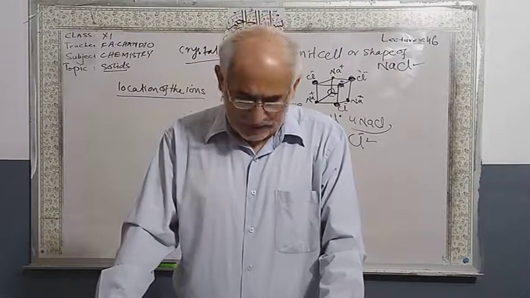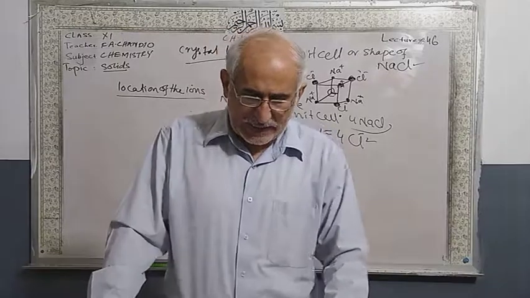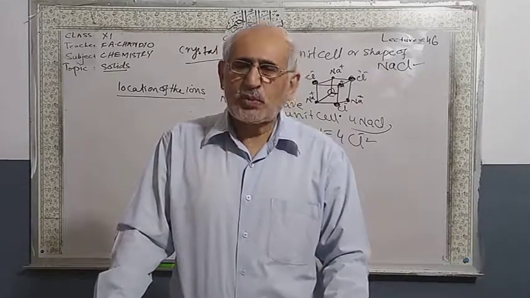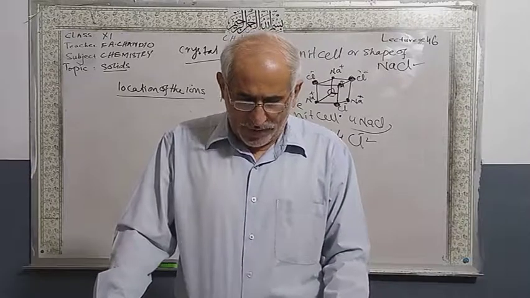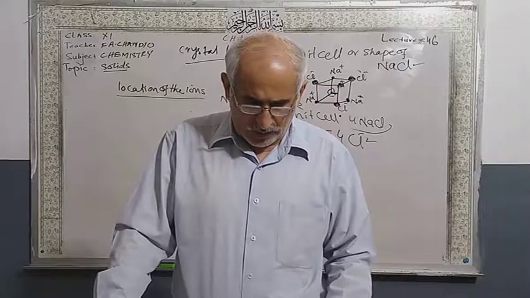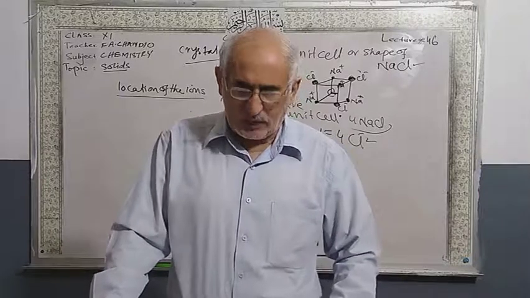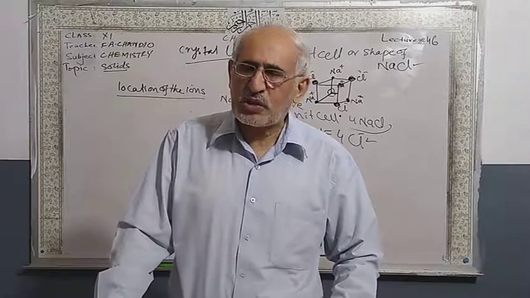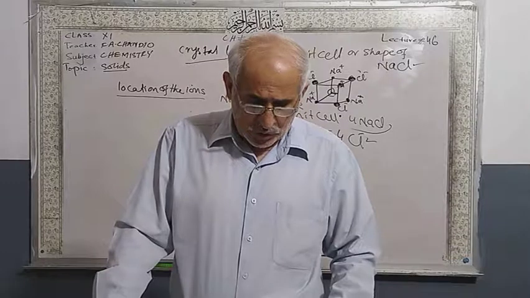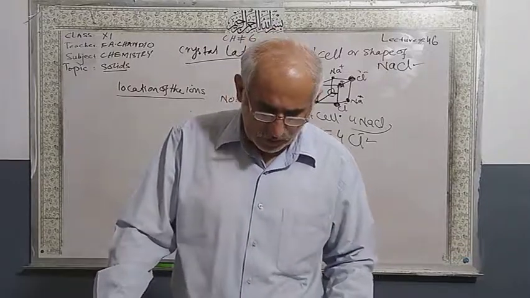Calculation of sodium ions. Sodium ions are present at the edges. Number of edges in a cube is 12. Number of unit cells sharing each edge is 4. Number of sodium ions from the edges is 12 over 4, which is equal to 3 sodium ions. Sodium ion present in the center is 1.